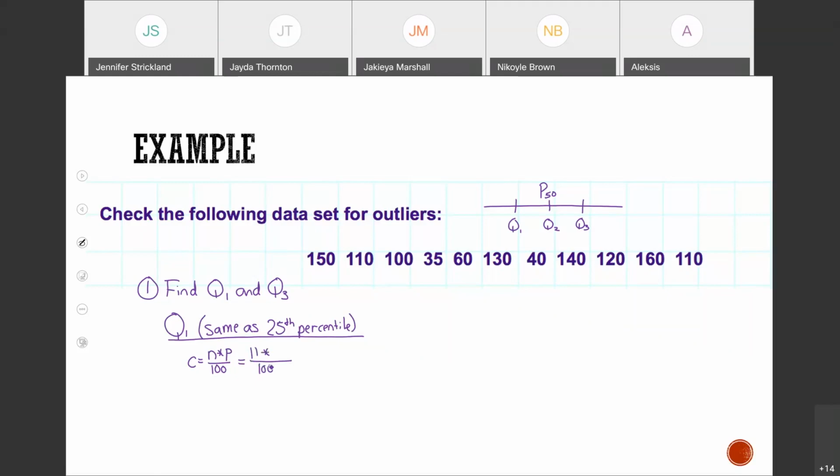P stands for percentile. We're looking at the 25th percentile. Then I calculate that number, paying attention to whether I get a decimal or a whole number. When I work this out, I get 2.75.